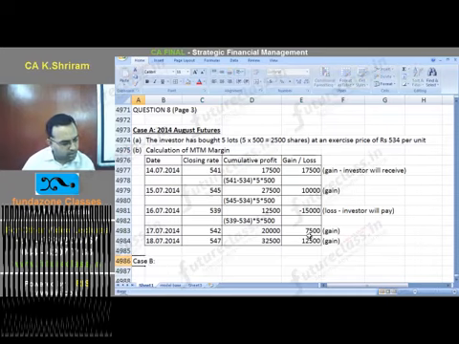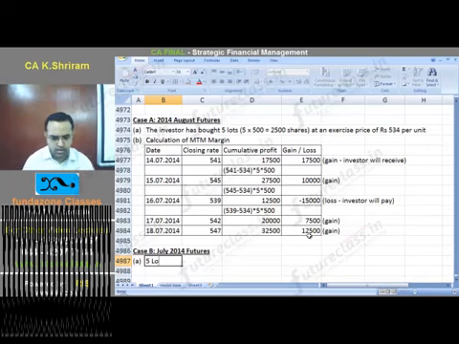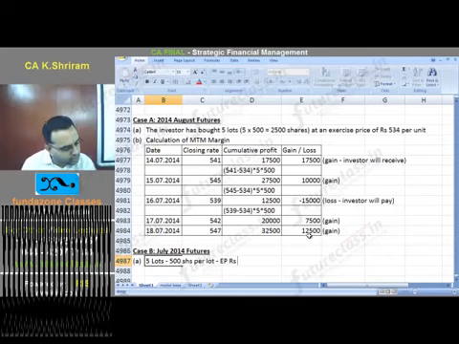Case B. July 2014 futures. 5 lots, 500 shares per lot. Exercise price 527.